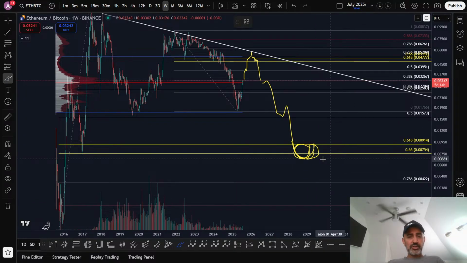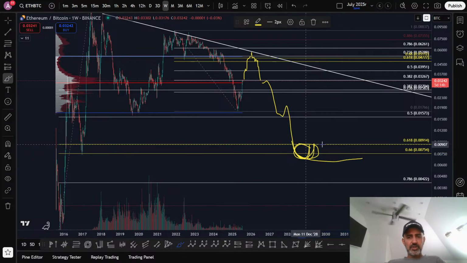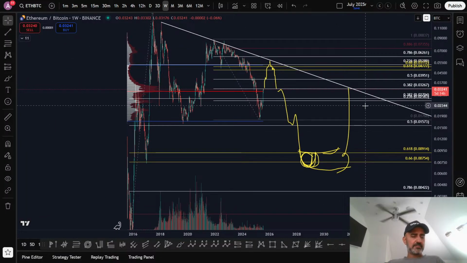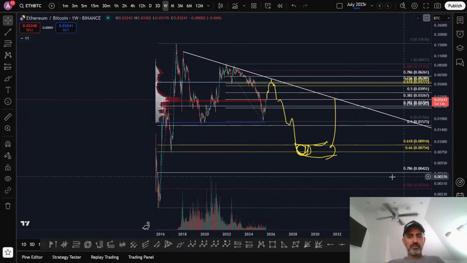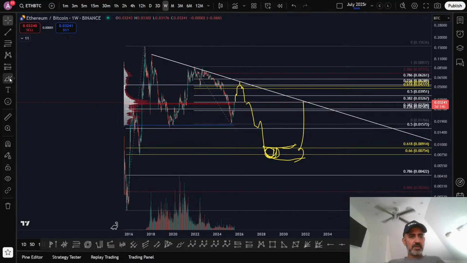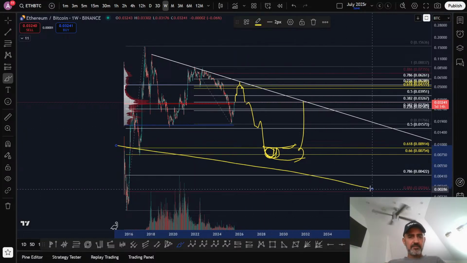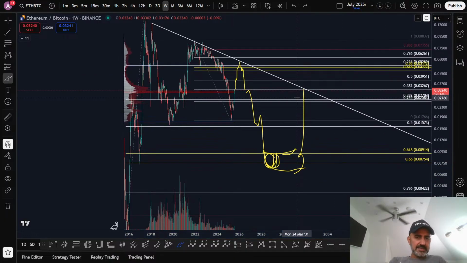And then you could actually end up with a long accumulation here, not necessarily a short one, before we zip back up into the range, and then the whole thing changes because you've invalidated a breakdown, and you might end up with this kind of scenario. You might end up with a higher time frame falling wedge type scenario. Let's see what happens.